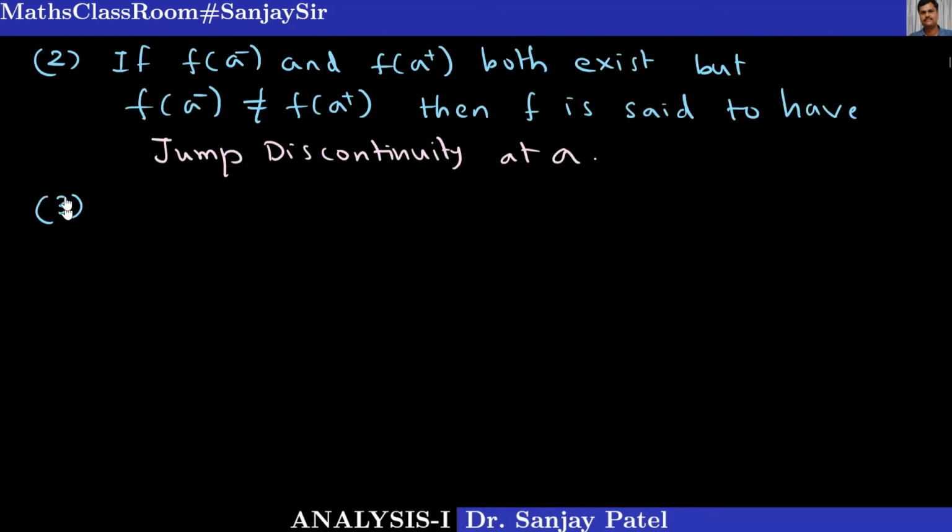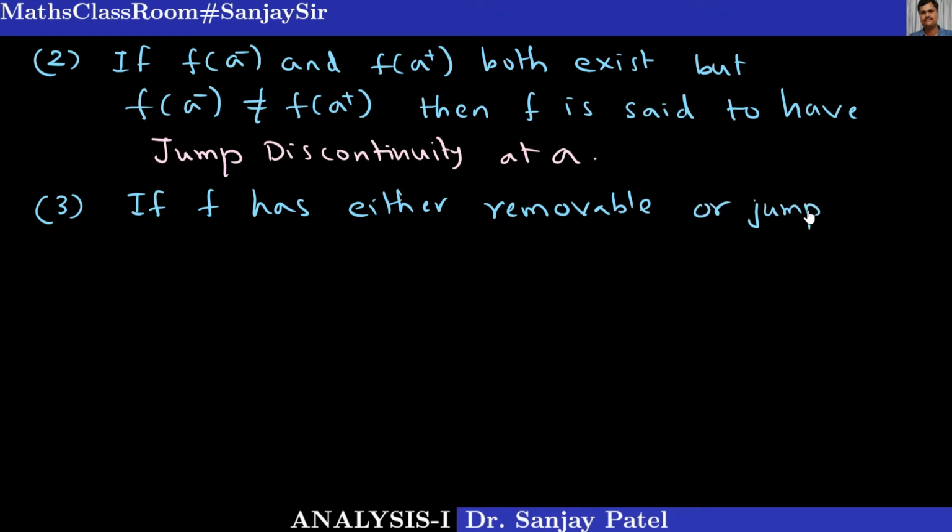So if f has either removable or jump discontinuity at the point a, then this discontinuity is said to be of the first kind.